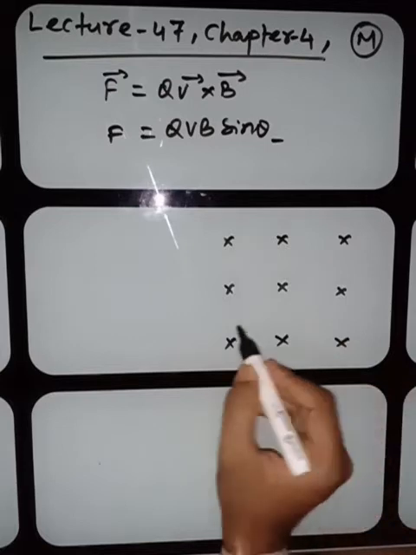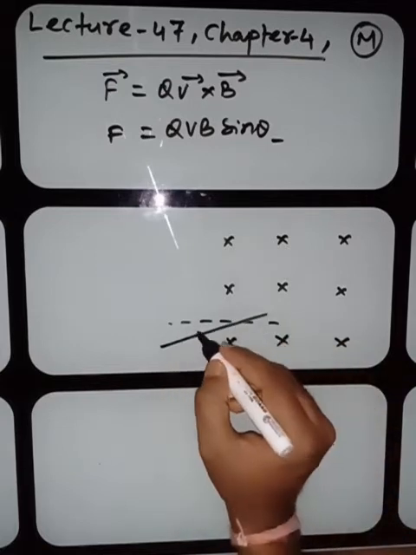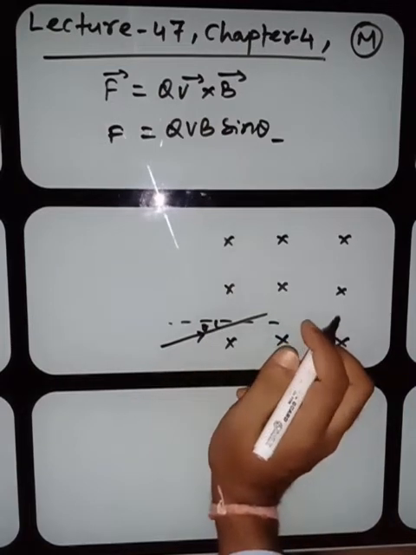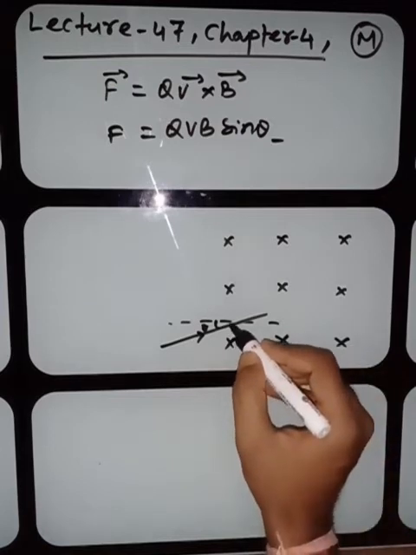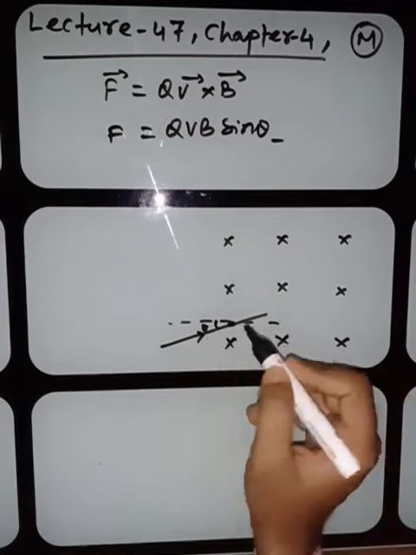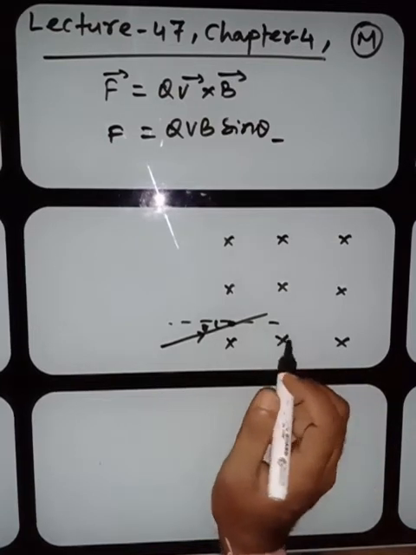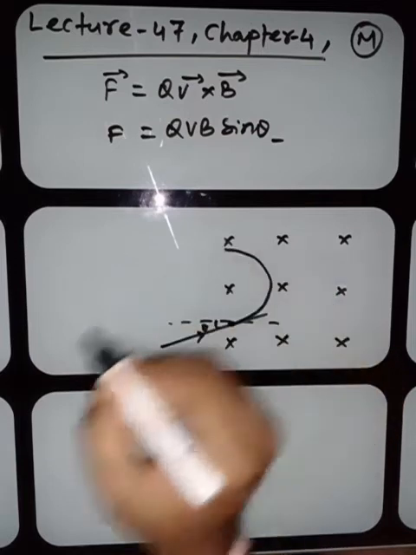Suppose it enters at an angle theta. As soon as this charged particle enters the magnetic field, it will start moving on a circular track, and then it will move like this.